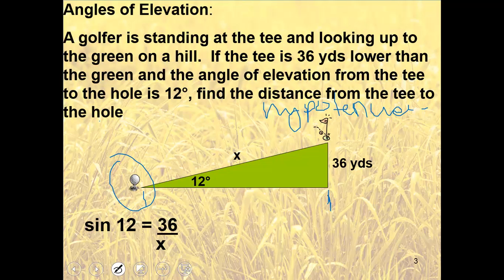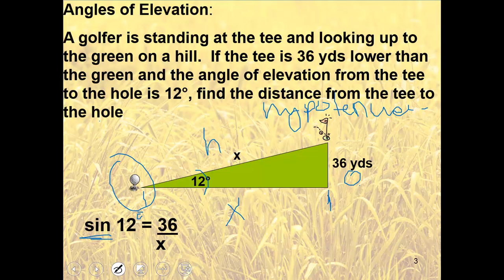So we have an angle of elevation of 12 degrees. We have a side opposite, and we're looking for the hypotenuse. So which trig function should we use? Sine, because I have an opposite and a hypotenuse. So the sine of 12 degrees has to equal 36 over x.